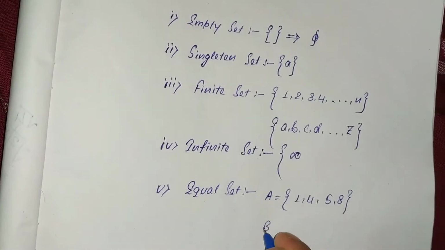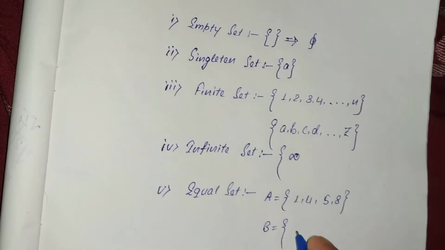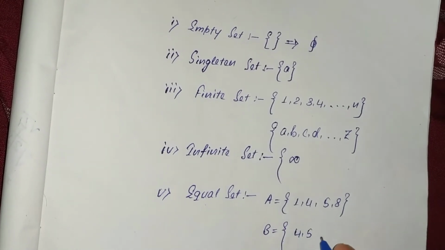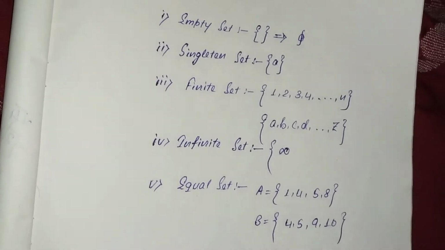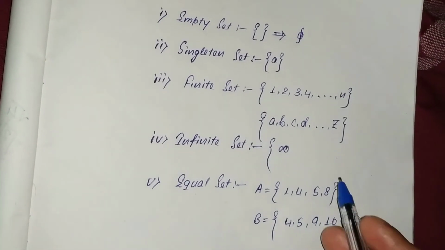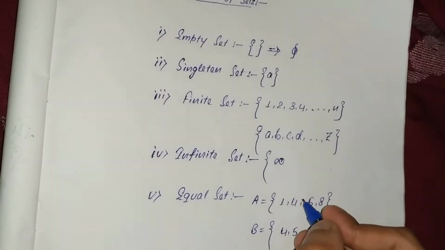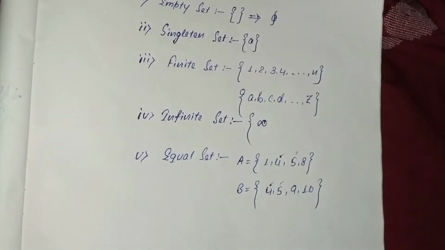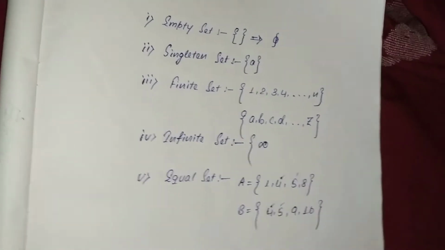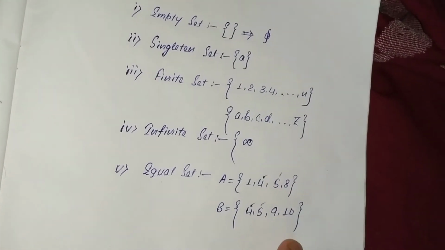And we take another set B, whose elements are 4, 5, 9, 10. Look very carefully. Between the two sets, 4 and 5 elements are common. That's why both are equal sets. Okay.